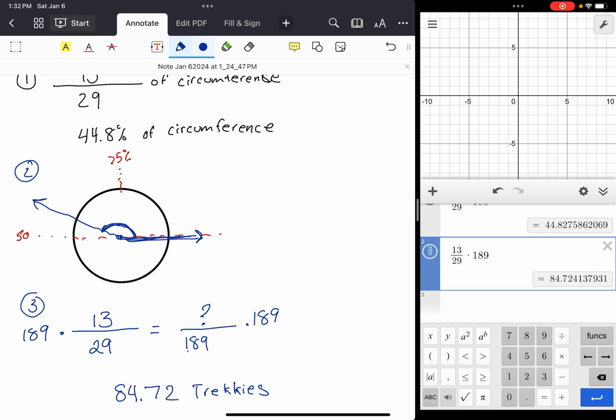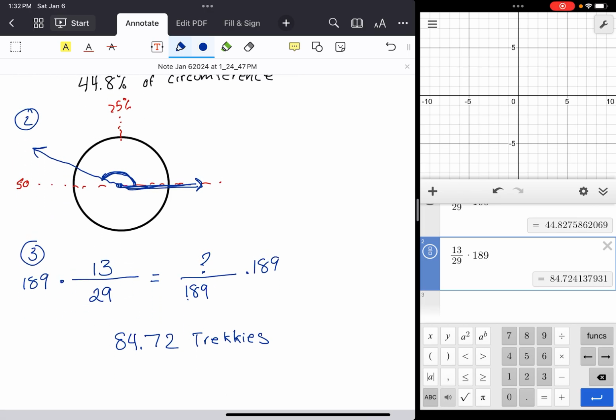The other option is to use the percentage we found in number 1. We know this angle cuts off 44.8% of a circle, which we found by doing 13/29. So I need 44.8% of my 189 Trekkies, which would be a total rotation around.